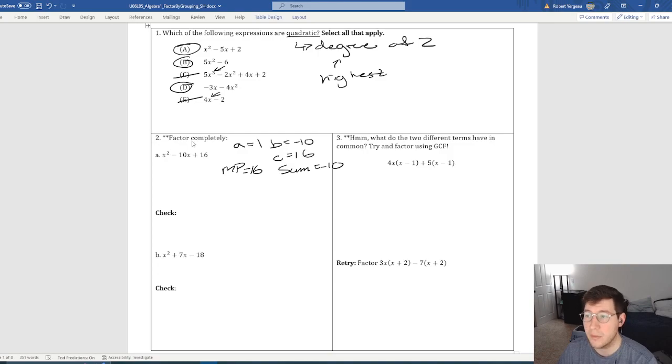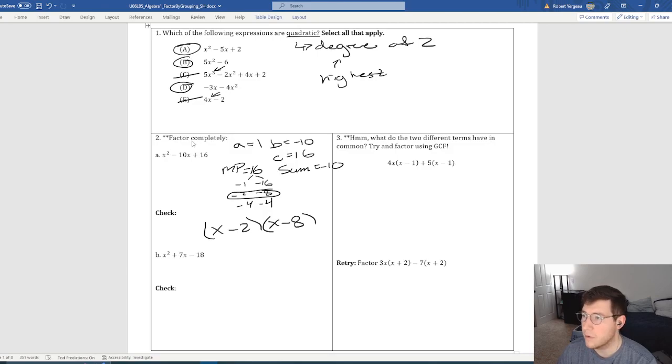And because our sum is negative, we know that both of those signs have to be negative. And so we are going to list out our factors: negative 1 and negative 16, negative 2 and negative 8, and negative 4 and negative 4. Well, I know that negative 2 plus negative 8 gets me to the negative 10 that I need. And so when I'm factoring this, I'm going to have x minus 2 times x minus 8.